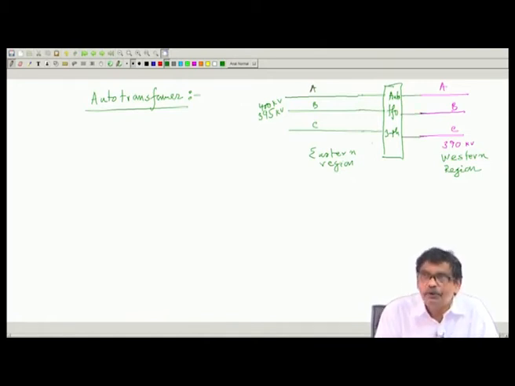A 2 winding transformer can also be used to parallel them, but I will not do that. Why? Because I see that the ratio of the voltage is so small: 395 to 390 kV I have to connect. This side is 395, this side 395 kV.